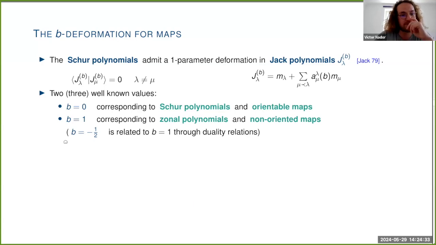Looking at that, it's natural to wonder whether you can see this deformation in b as something that would measure how non-orientable your map is, how close your map is to a non-orientable map in some sense. If you put b equals 0, then you kill all of those contributions and you recover the orientable maps.